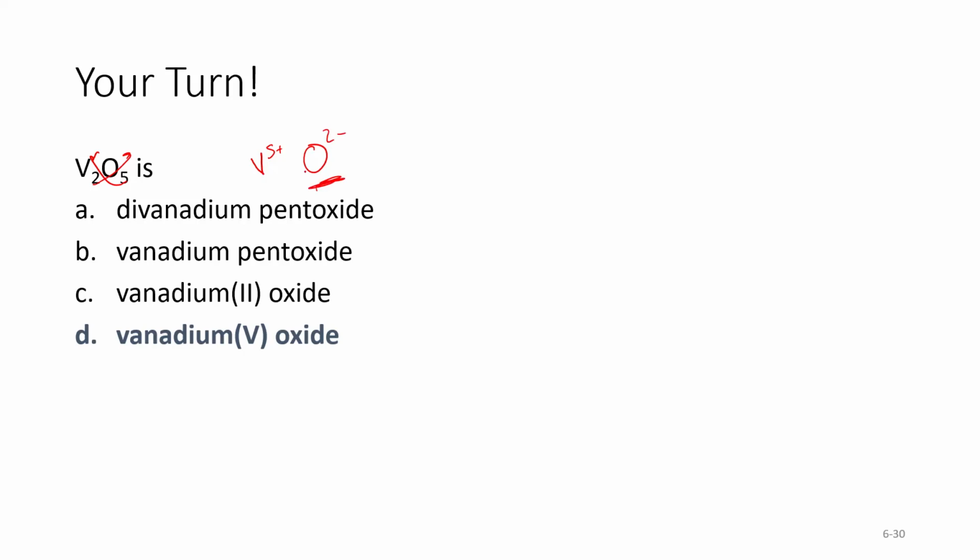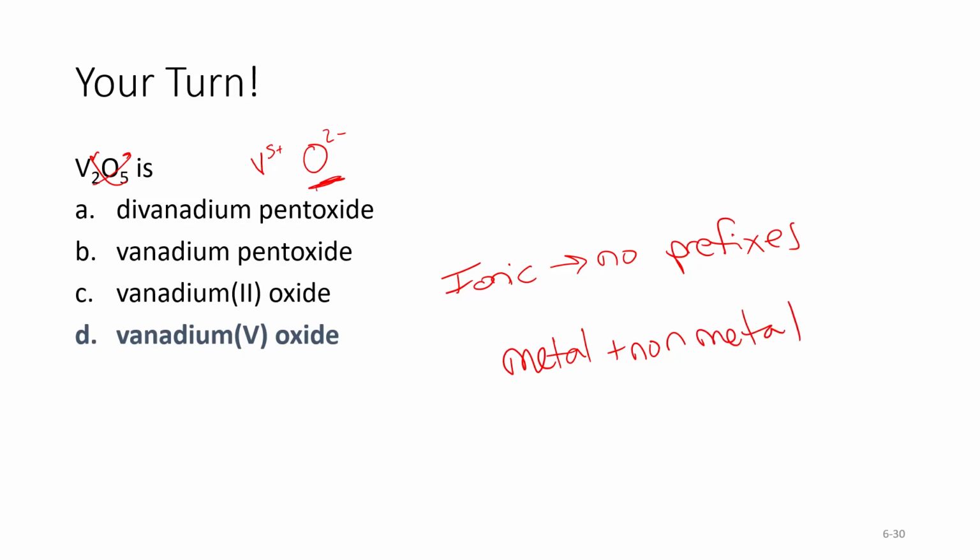Is this the true charge of the oxide anion? Yes. So now we get vanadium 5 oxide. So this is an example of an ionic compound, which is why we did not use prefixes. We have a metal and a nonmetal, so that's ionic.